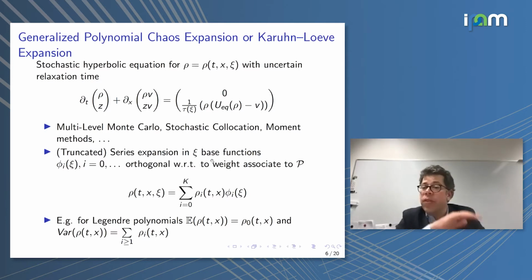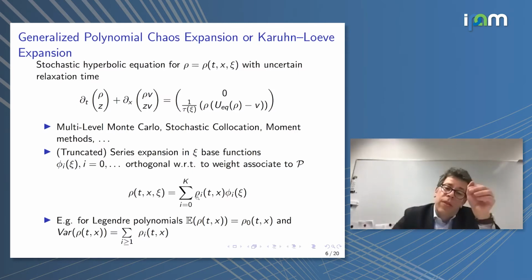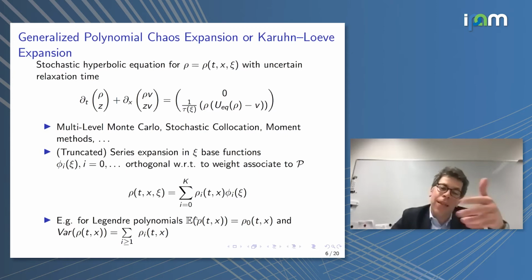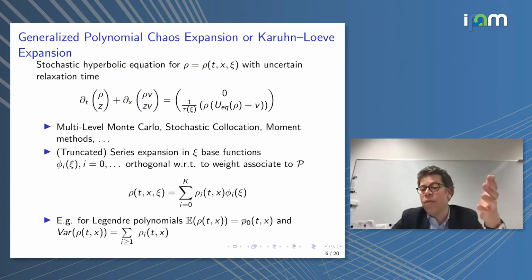So for example, if it's a uniform distribution, you would take orthogonal functions, which would be Legendre polynomials. And so what you do is formally you expand this rho to an infinite series in terms of these coefficients, and then you truncate, and you do, of course, the same for v and z. And then you get equations for these coefficients. And the expectation, for example, for the Legendre polynomials would be the equation for the first coefficient.